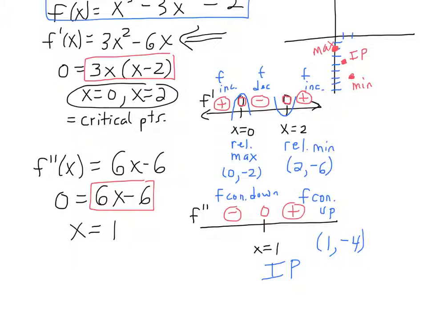So first, let's start to the left of x equals 0, to the left of our max point. So for x values smaller than 0, I need to draw something that is increasing and at the same time concave down.